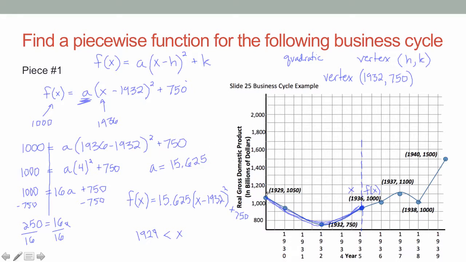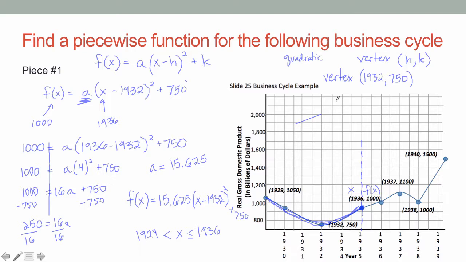So from 1929 up to 1936, and I'm going to include equals 1936, that's when this function works. So I'm just taking a piece of it over these x values. Between 1929 and 1936, use this function. All right, we got piece number 1 done.